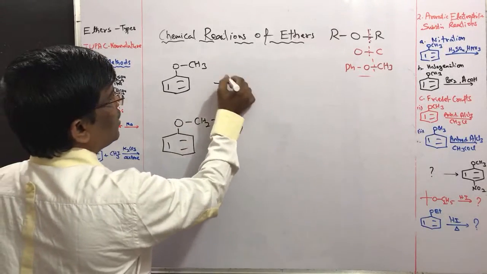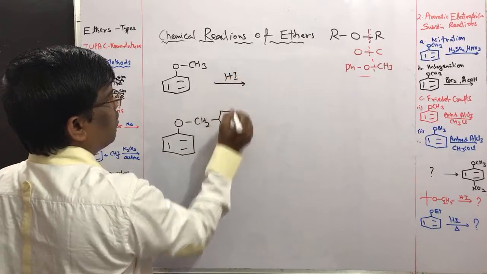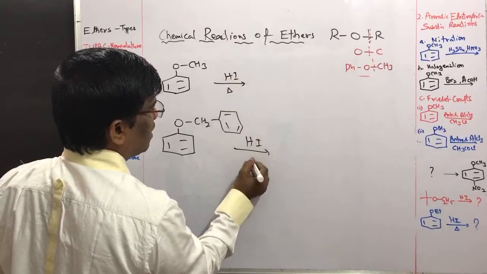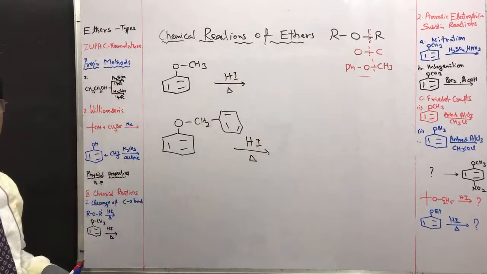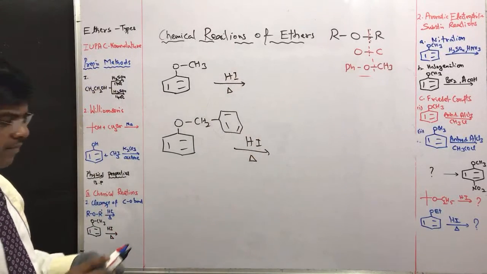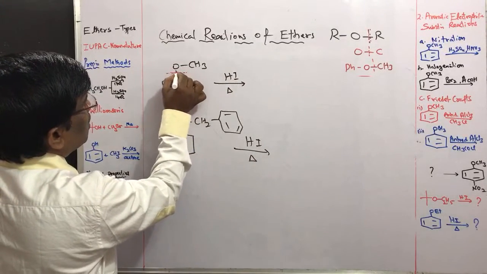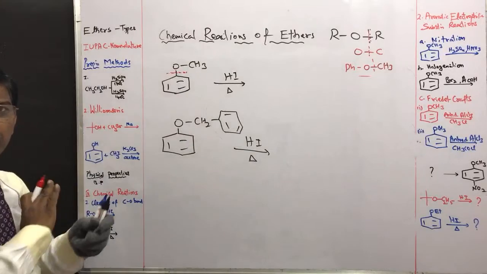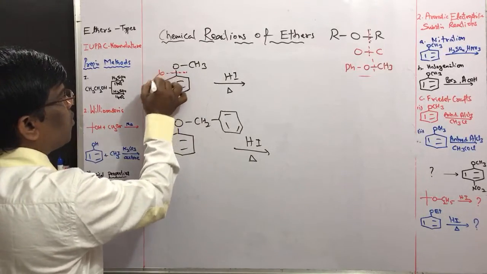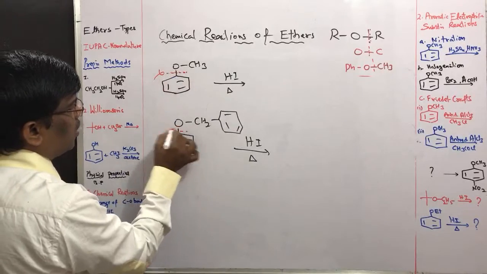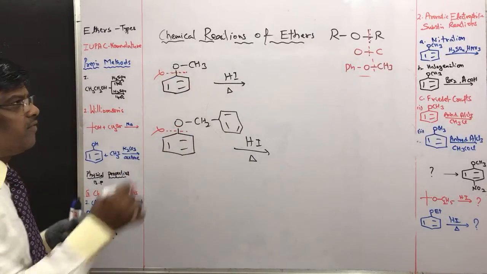And when I add HI and heating, what is the product here? So guess, is it easy to break this bond? No. So just rule out. This bond breakage is not going to take place.